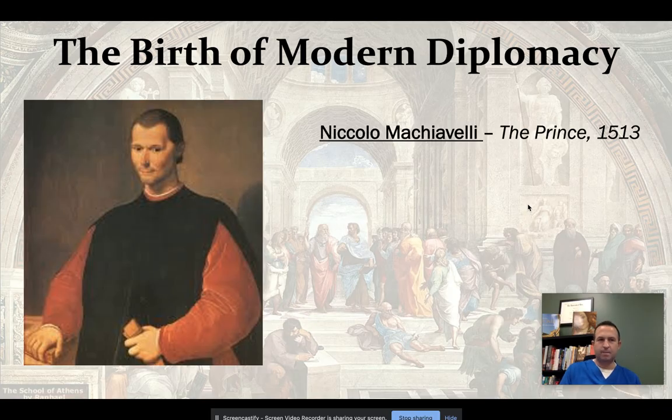So be practical. In The Prince, he addresses this acquisition and expansion of political power as the means to restore political order. See, in medieval thought, it was suggested that rulers should only exercise power for the common good. So you usually shouldn't go to war unless it's for the common good. But Machiavelli suggests that political activity cannot be restricted by moral considerations. Rulers must act on behalf of the state, for the sake of the state.